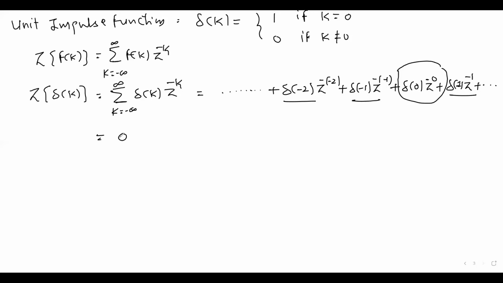That is 0, dot, 0, plus 0, plus 1 times Z raised to 0. Z raised to 0 means 1, plus 0, dot. That is Z raised to 0 is 1, into 1, 1. That is, the Z transform of the unit impulse function is simply 1.